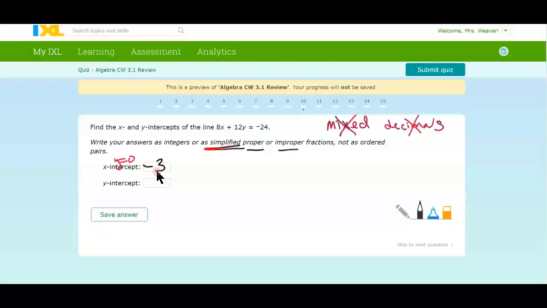Okay, and then our y-intercept is on the y-axis where x equals 0. So try finding your y-intercept and then check your answer on the board.